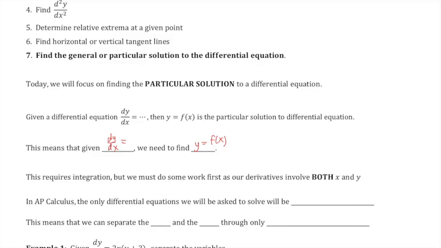And in this course, you're going to learn about separable differential equations. If you take courses later on, you'll have non-separable differential equations. But what that means, when you say separable, is that you can separate dy and dx through multiplication.